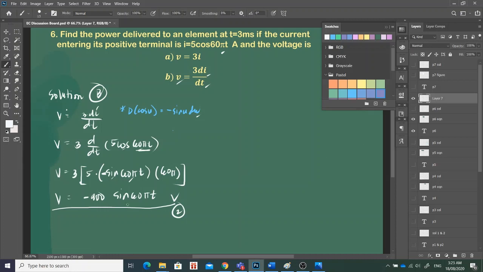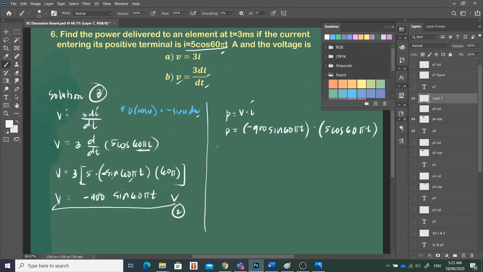Yan ngayon ang kailangan natin para i-substitute dun sa P equation natin, P is equal to V times I. Meron na tayong given V, meron pa tayong given I. So, P is equal to negative 900 sine 60 pi t, multiplied by I, 5 cosine 60 pi t.